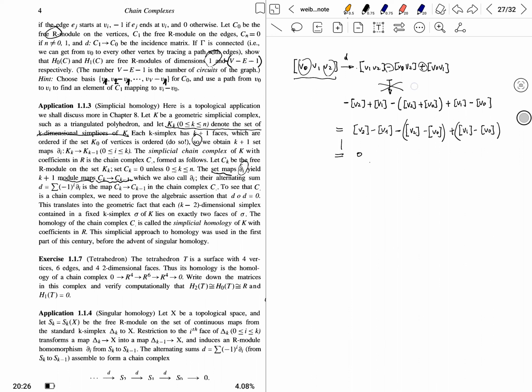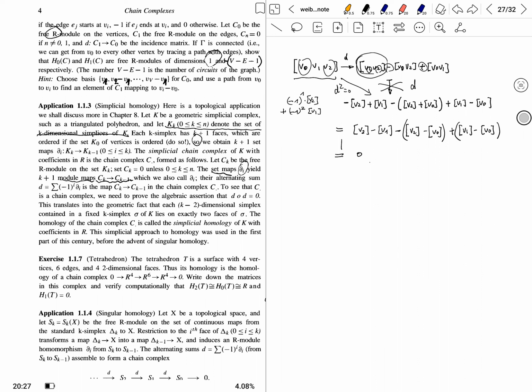And then when you apply d again over this, because we know that d squared should be 0, do not put the formula as if you should use -1 to the power of the index of the entry, removing Vi, plus -1 to the power of the index of the second entry, and then removing V1. It is not this.